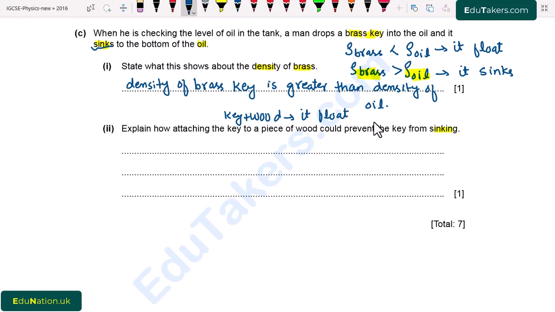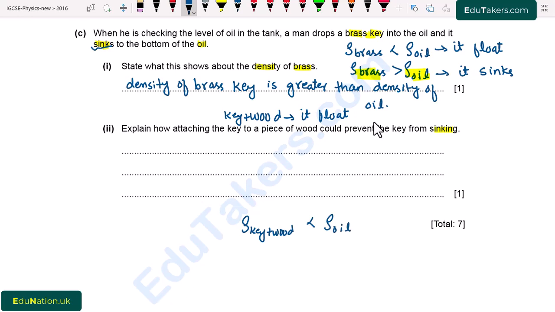So when it floats, the density of this combination of key and wood is less than the density of oil. I write here density of key plus wood is less than the density of oil.